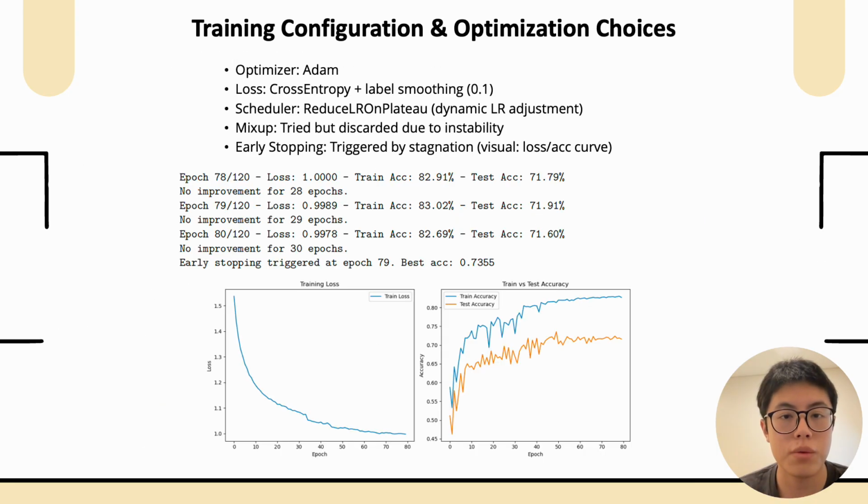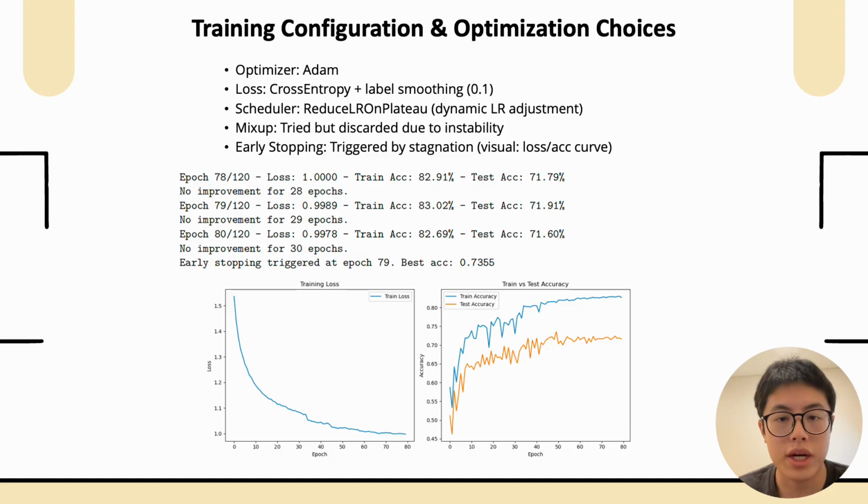For training, we used the Adam optimizer with a learning rate of 0.001 and weight decay. We applied the cross-entropy loss with label smoothing set to 0.1, which reduces the effect of mislabeled cat and dog images. To adaptively control the learning rate, we used ReduceLROnPlateau, which lowers the learning rate when test accuracy stagnates.